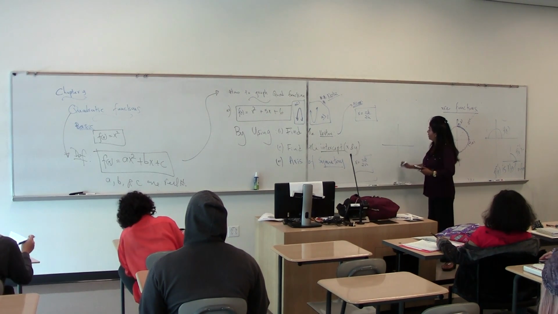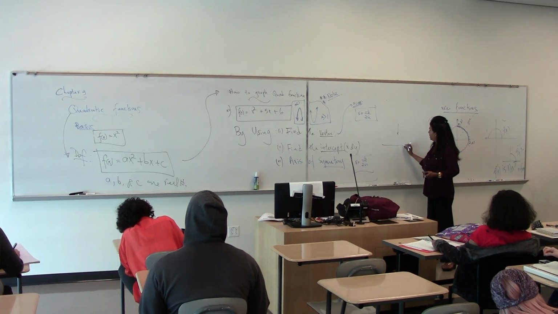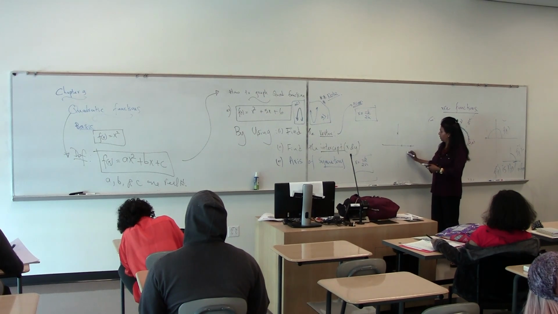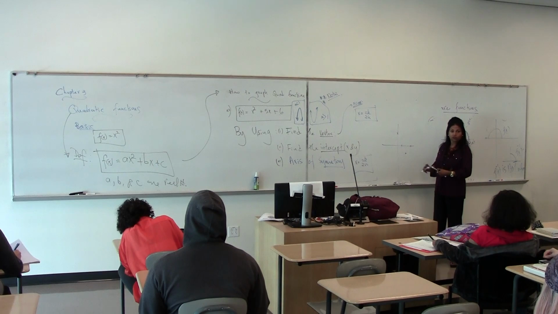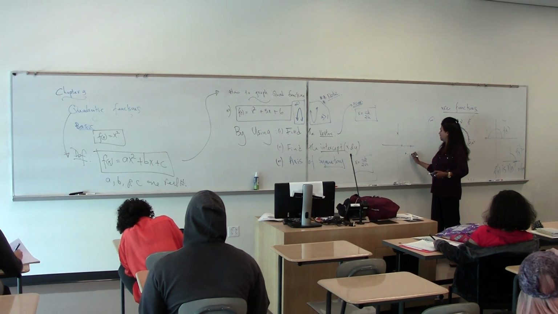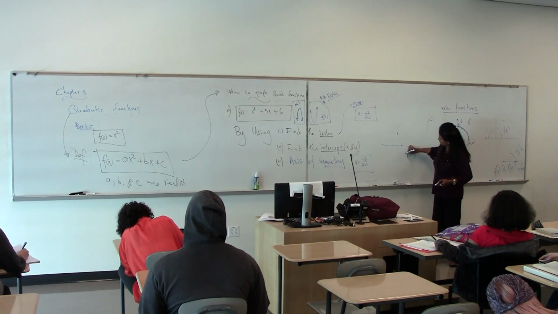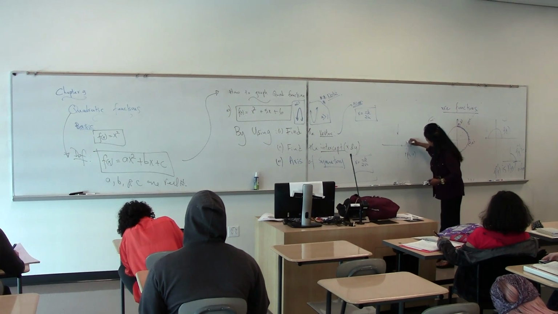For an example, we have the x-intercepts here, the y-intercept here, and the vertex is here, let's say positive 2 and negative 3. So through the vertex, we draw the axis of symmetry.